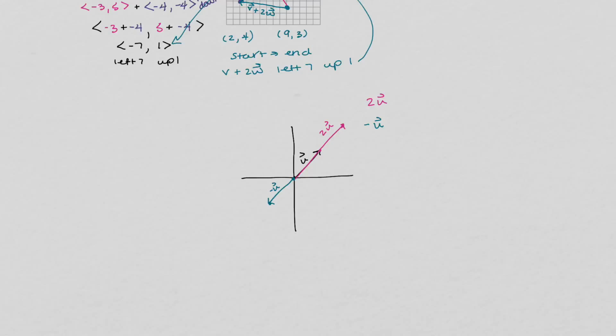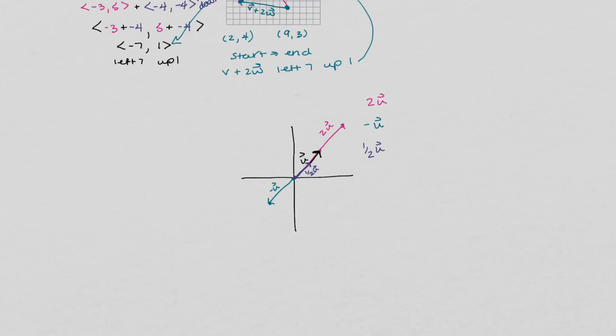And then last, if we're going to multiply u by 1/2, for example, our original u is the black vector right here under the pink one. And if I want to multiply that by 1/2, it just starts in the same place but goes half the distance. So that's 1/2 u right there.